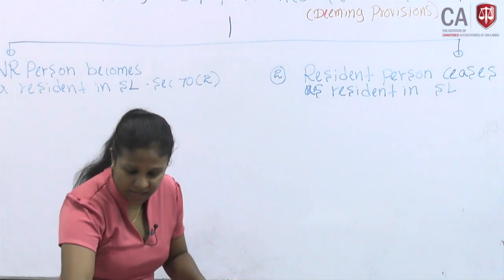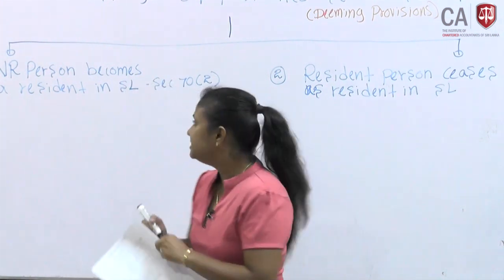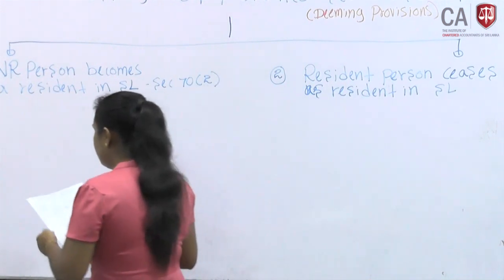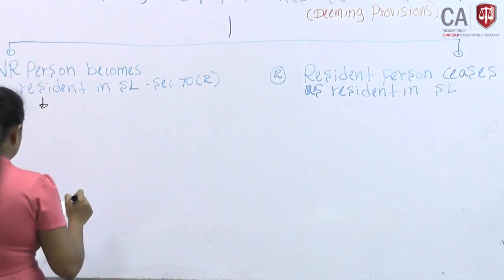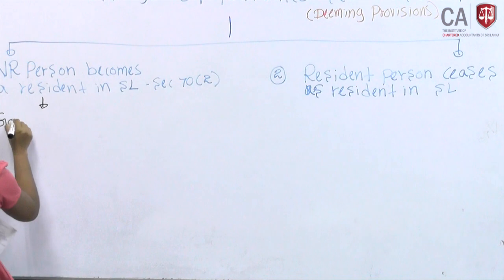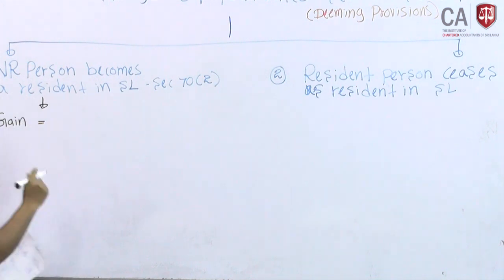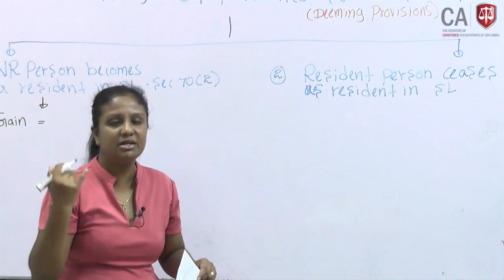Now we need to look at what the tax treatment will be if something like this happens. When it comes to this part, we need to compute the gain. All of you know how to compute the gain: consideration minus cost.